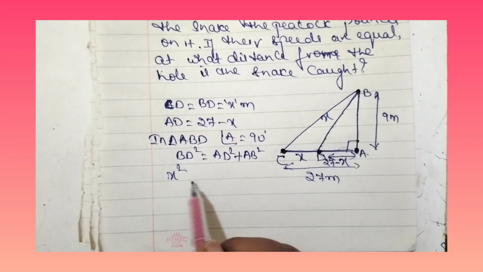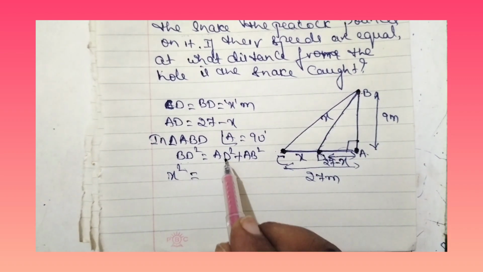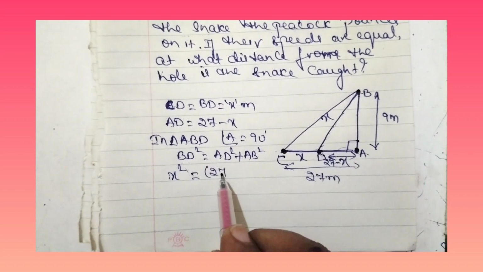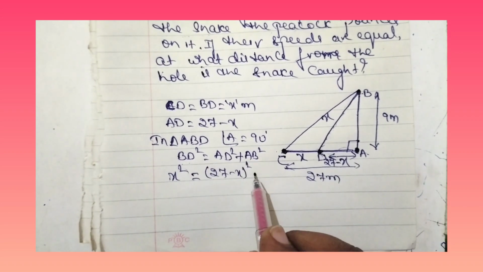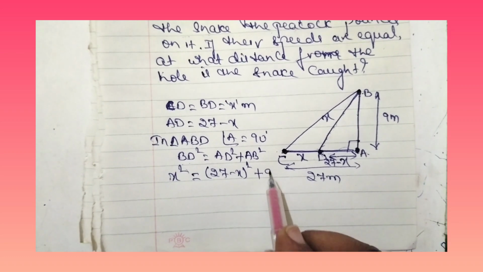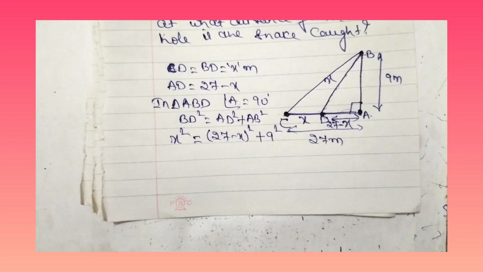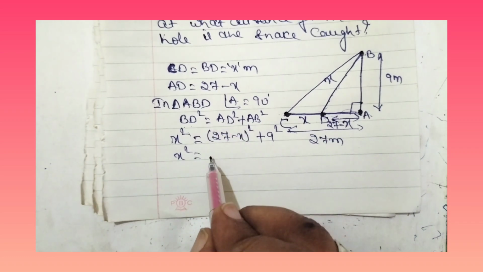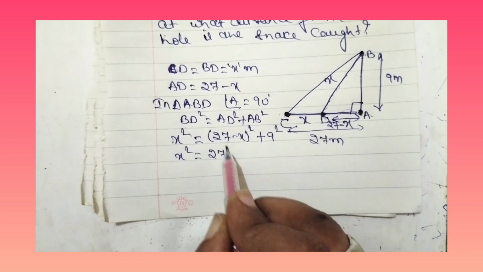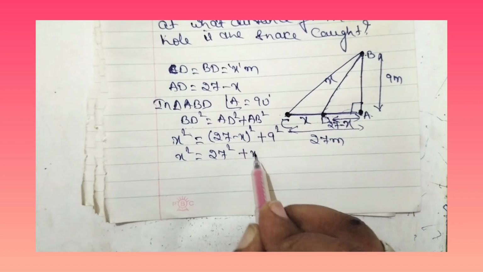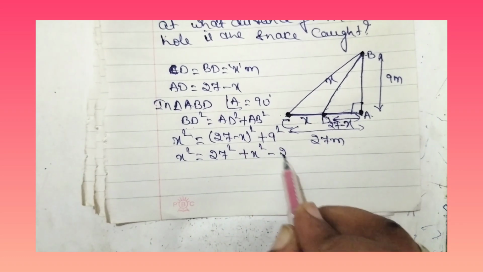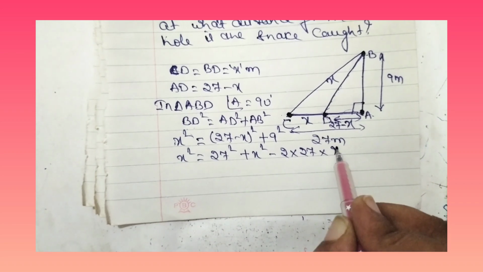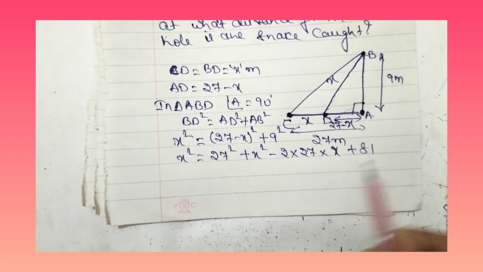BD square is x square, which is equal to AD square. What is AD square? It is 27 minus x whole square. Then what is AB square? It is 9 square. So x square is equal to, it is in the form of a minus b whole square, a square, 27 square plus b square, x square, minus 2 into a is 27 into b is x, plus 9 square is 81.